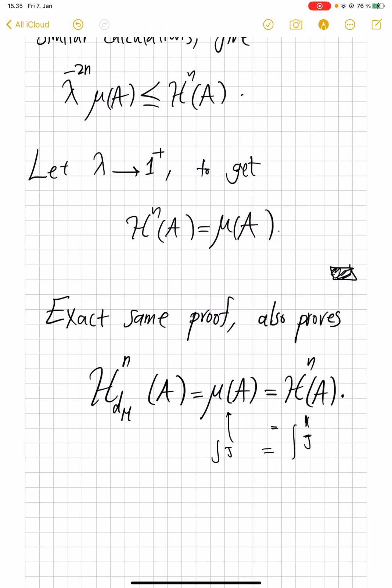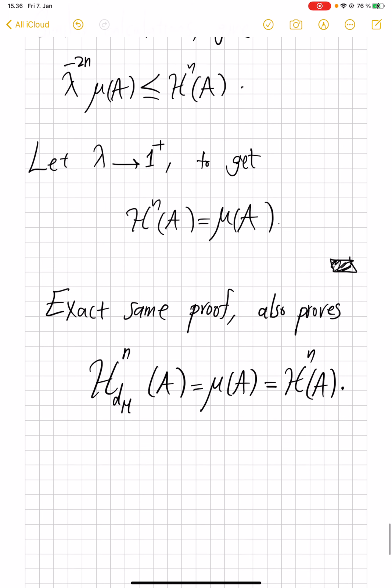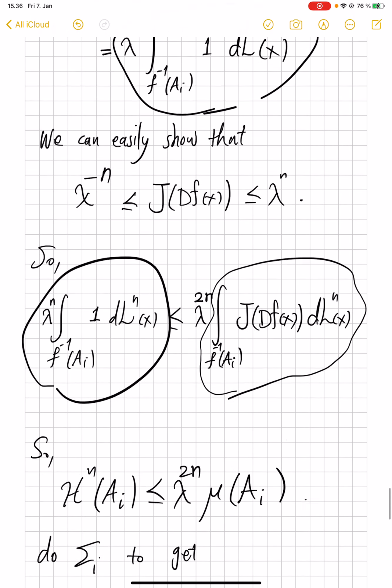So I think you will have to do some local isometric parameterization anyway, or you have to prove that on a very tiny scale on the manifold, the Euclidean distance and the intrinsic distance are almost isometric.